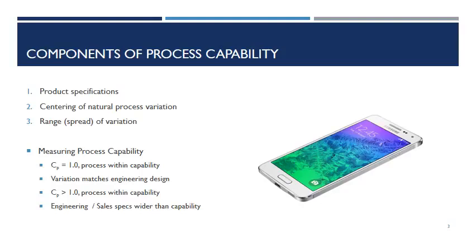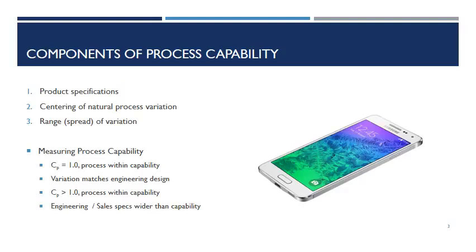Measurement of process capability. Since CP is a ratio, the value of 1.0 means the process is operating exactly within its capability. In other words, a value of 1.0 means that the natural statistical variation of the system exactly matches the engineering specifications.